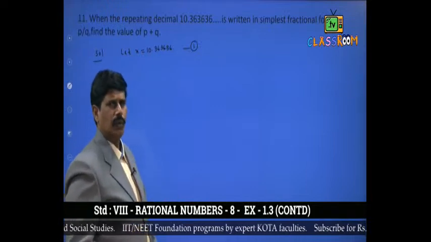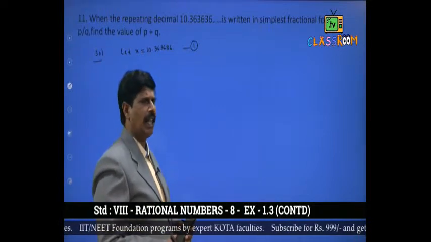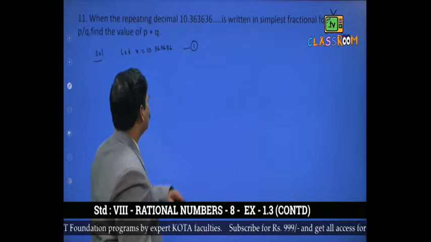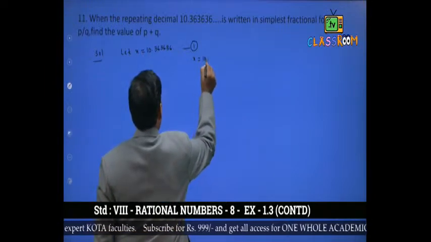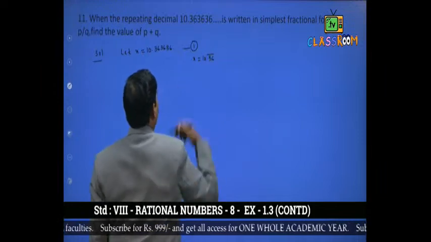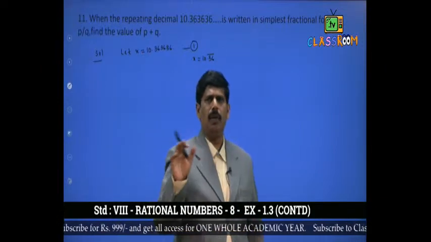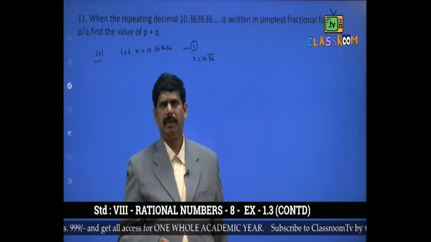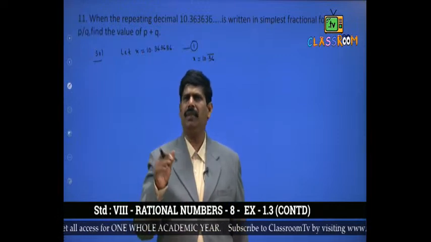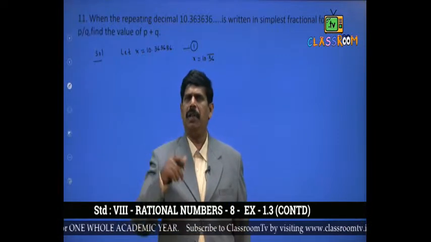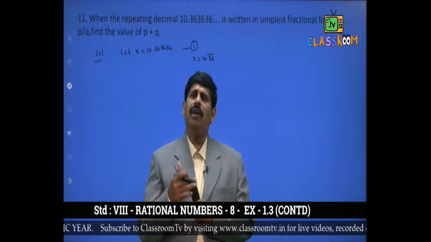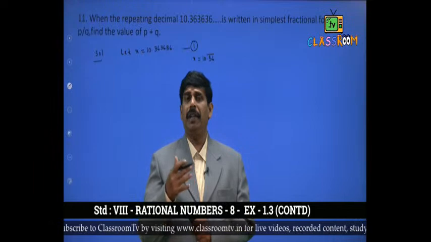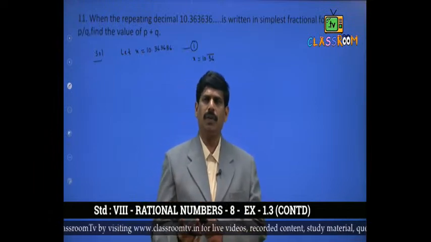So now you know this x is nothing but 10.36 bar. What is x here, children? The x is 10.36 bar. The bar is on both the numbers 36. So what is the periodicity here? What do you mean by periodicity? The number of digits in the bar. So how many digits are there in the bar? 2 digits.